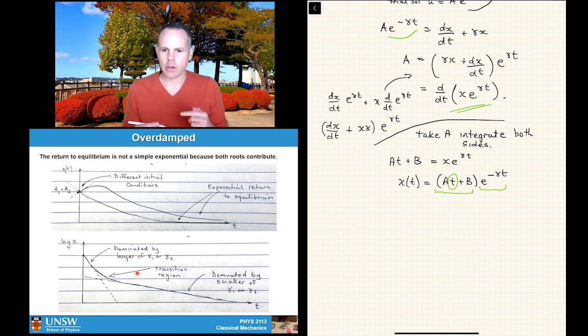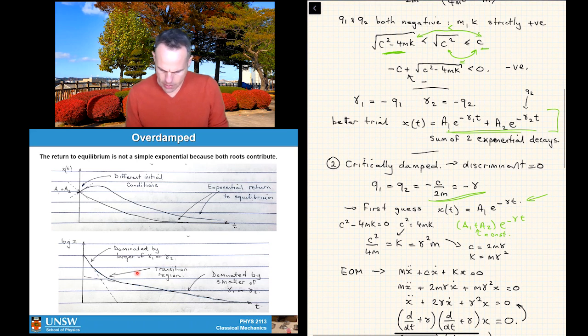When that discriminant goes to 0, it allows an additional term to pop into your solution that has a term in t. And so if we actually expand this thing out, what we've got is Ate^(-γt) plus Be^(-γt). And what's interesting here is that this term on the end looks very much like this term on the end above.